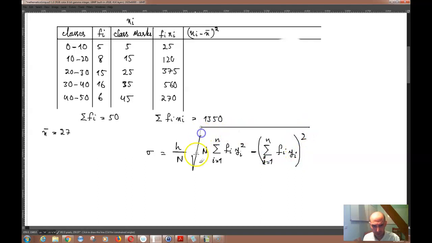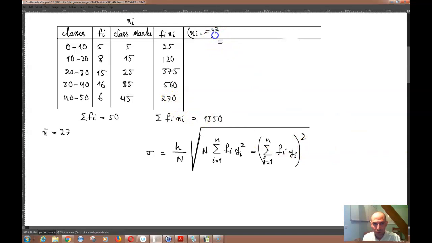Take the square root of this whole thing, and that's the standard deviation. Once you calculate the standard deviation and raise it to the second power, that will be the variance, which is what you want to calculate here.